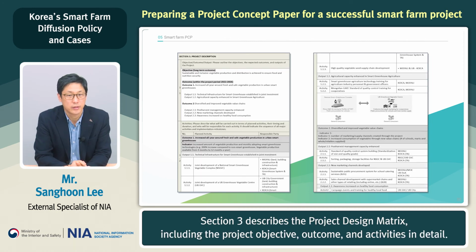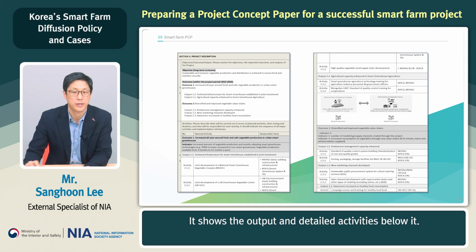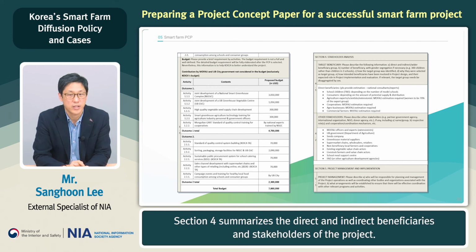Section 3 describes the project design matrix, including the project objective, outcome, and activities in detail. It shows the output and detailed activities below it. Section 3 also describes the budget for each activity. Section 4 summarizes the direct and indirect beneficiaries and stakeholders of the project.